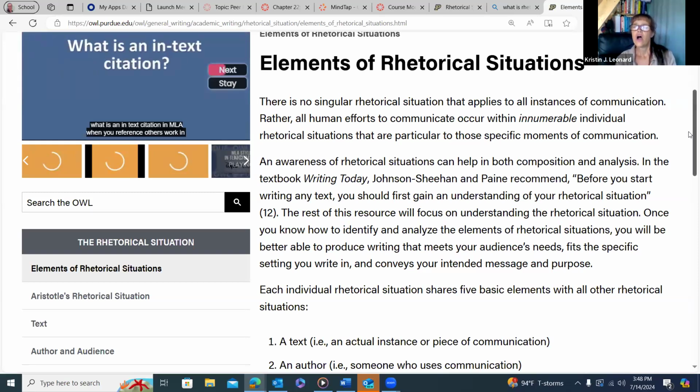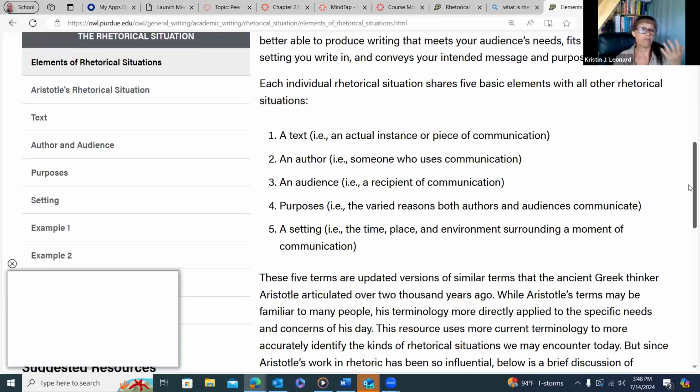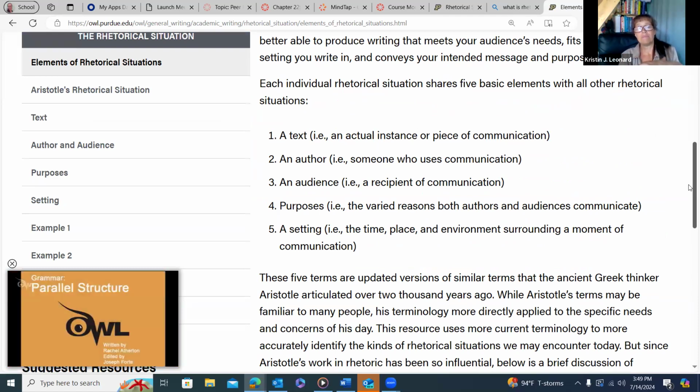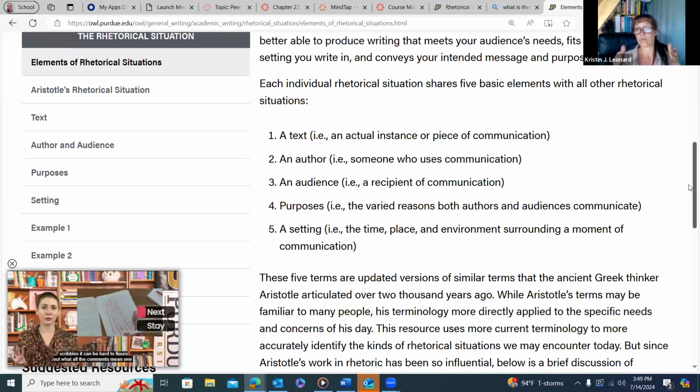So there are 5 basic elements that all different forms of rhetorical situations share. One is the actual piece of communication. So whether it's a single text, whether it's a research essay or persuasive argument, or maybe it's me talking to you right now.